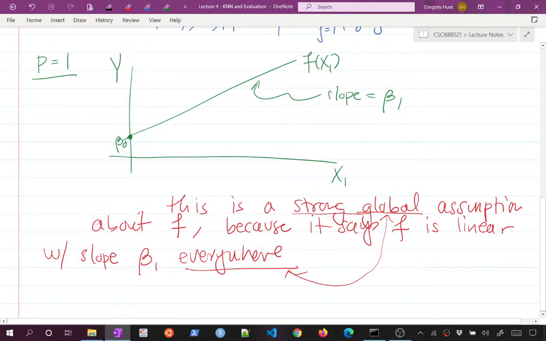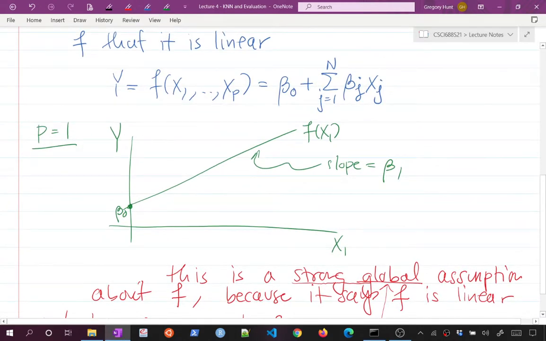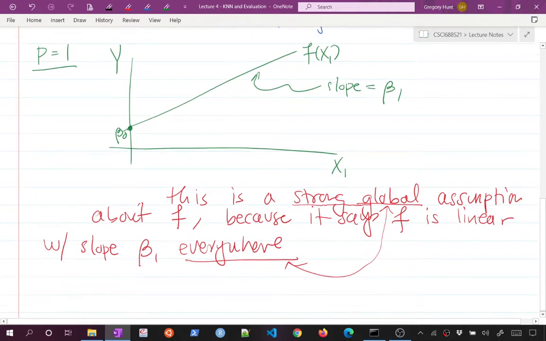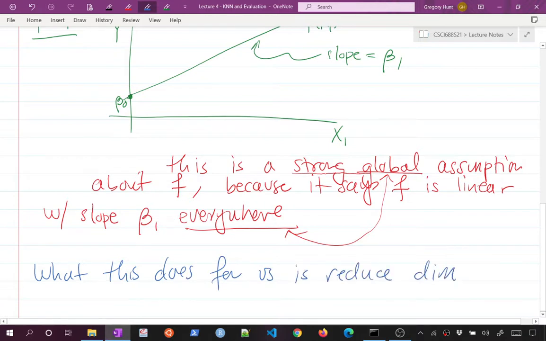And that linear assumption does some work for us. The work it does is that it reduces the problem from an infinite dimensional space of all possible f's to a p-dimensional space where all we need to do is determine the coefficients for this linear form. So let me say what this does for us: it reduces the dimension of the problem.